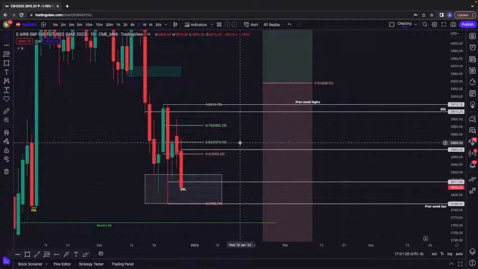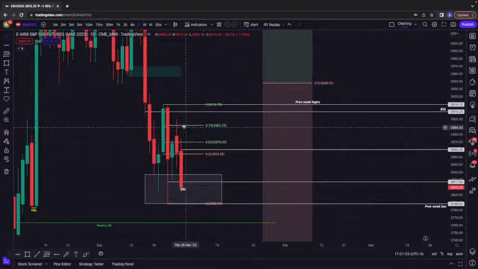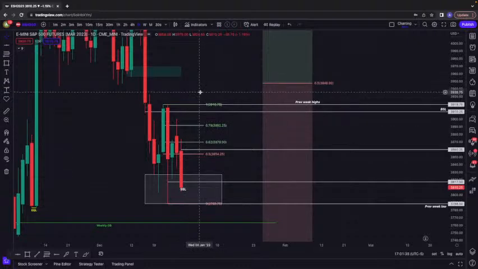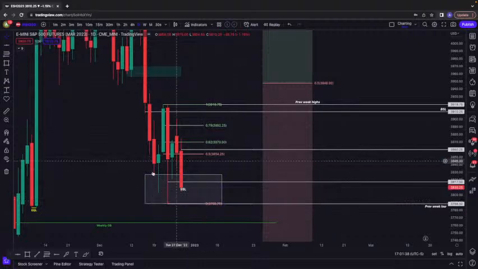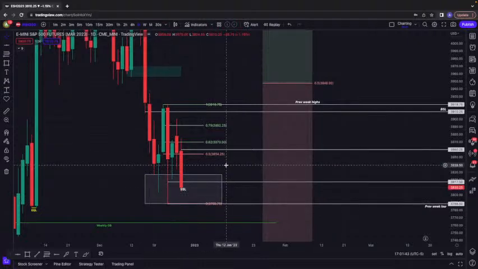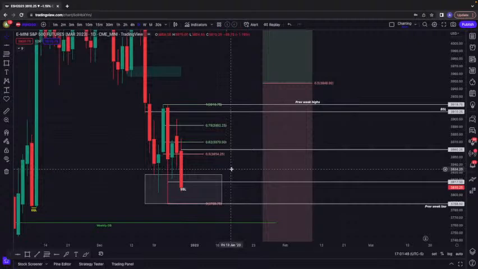So I don't know, I kind of got turned around thinking that we would come up into this area first and then come back down into this weekly order block, just because all these wicks out of this sell side liquidity area kind of had me thinking, oh man, they're building up orders and they're taking off out of that liquidity area.